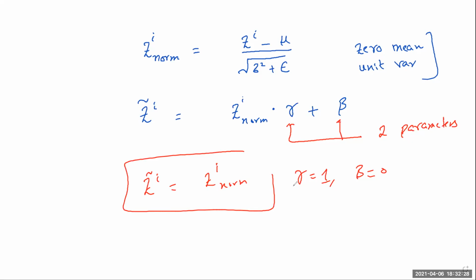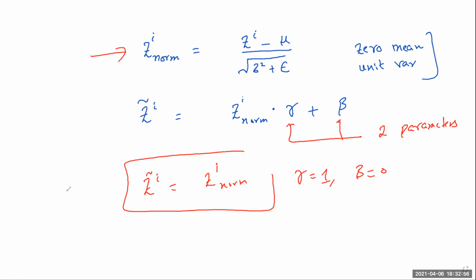So if gamma is 1 and beta is 0, you plug in this expression, you actually get back this thing. It means by choosing a specific set of values for gamma and beta, you can achieve zero mean and unit variance, right? That possibility is not ruled out. If your network wants it, it can adjust gamma close to 1 and it can adjust beta close to 0.